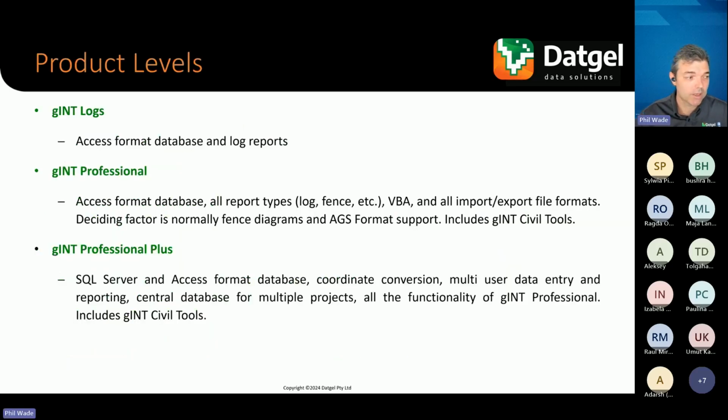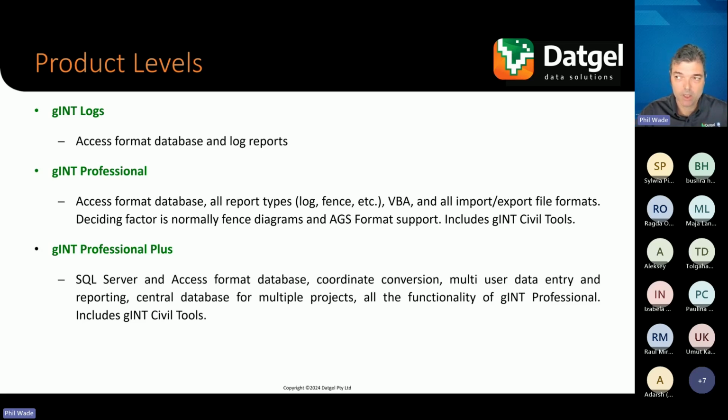So there are 3 products in the gINT range. There's gINT Logs, which uses an Access database and only has the logs tab and output, so it can only produce log reports, which is good as a second license for a larger company, or for a very small company, where that's all you really need. gINT Professional has an Access database and all the report styles, so graphs and fences as well.